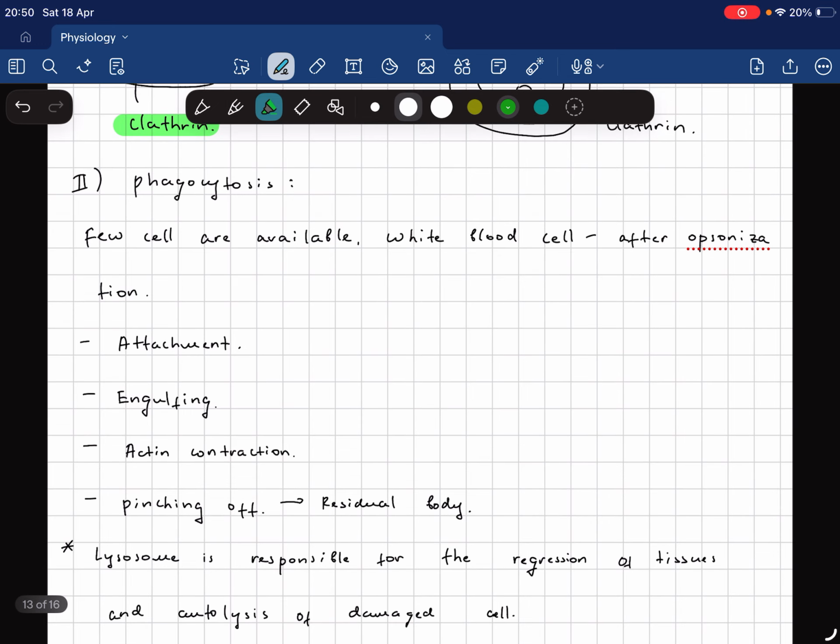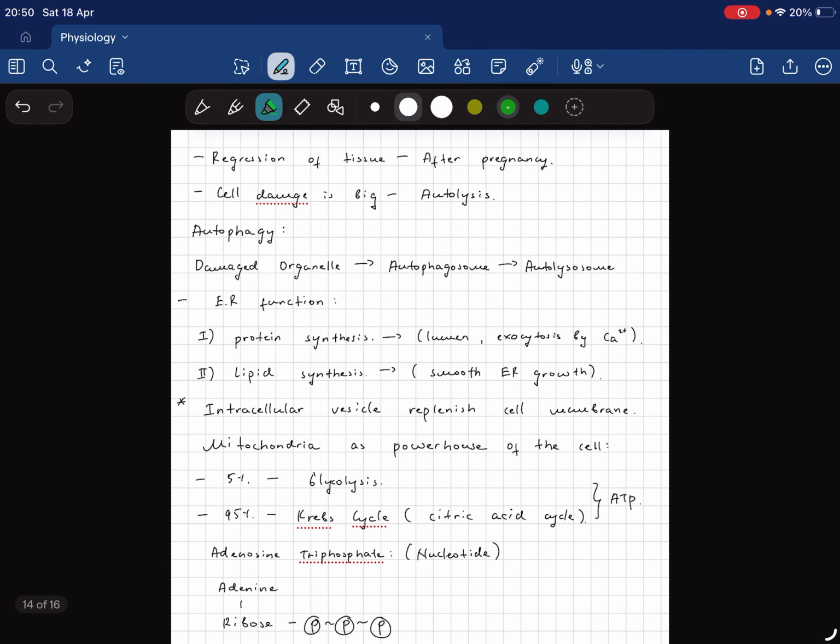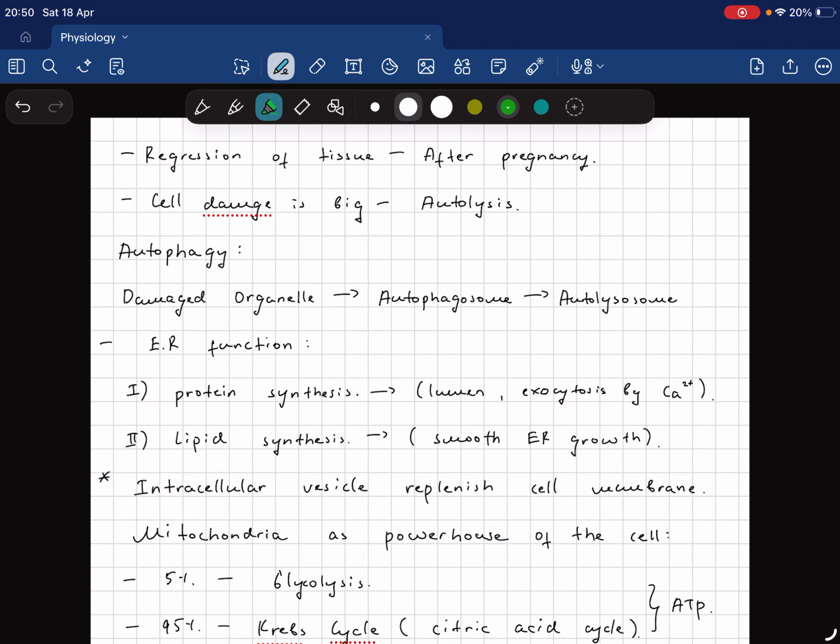Next, the lysosome is responsible for the regression of tissues and autolysis of damaged cells. Okay, let's talk about its meaning. Regression of tissues means the tissue is becoming smaller. So why is it becoming smaller?